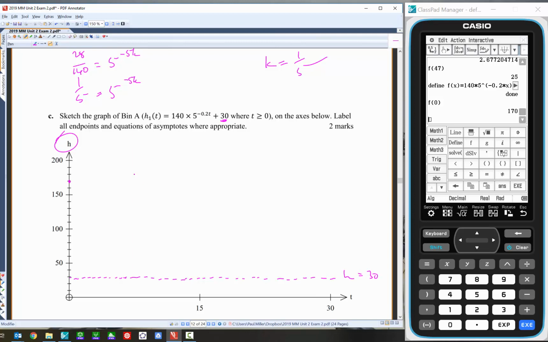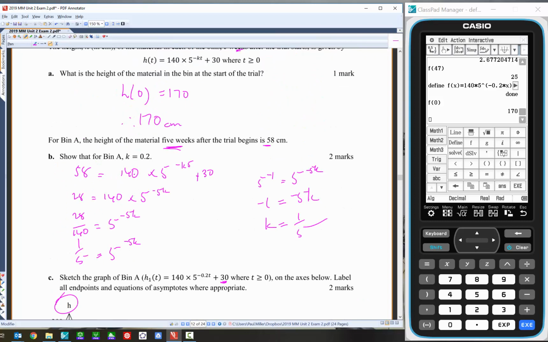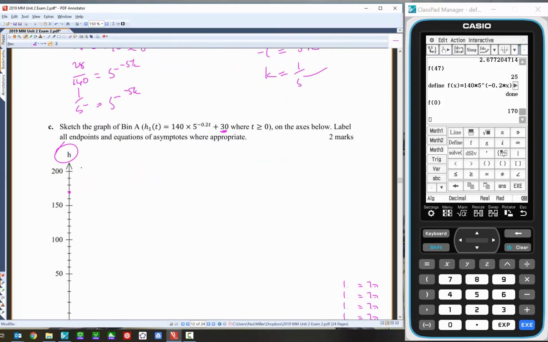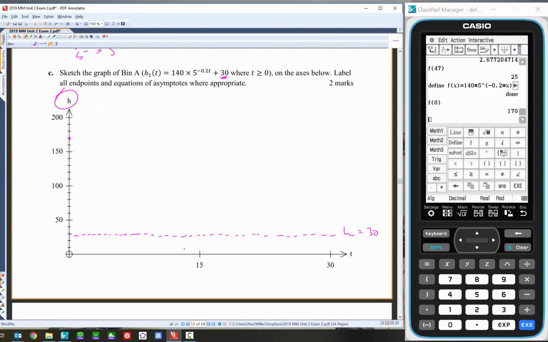All right, and what info do we know? 5 weeks is 58. So there's 15, there is 10, there is 5 roughly. So get close to 58 there and send it through there and get it to run along there. So that is just an appalling graph. 0, 170.